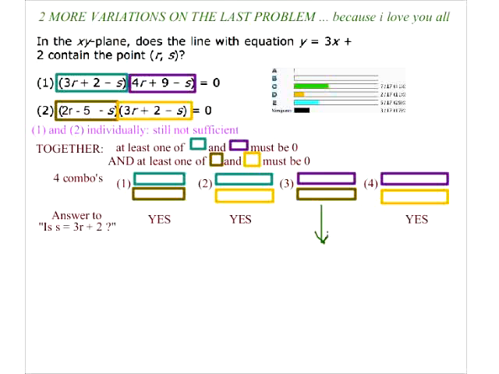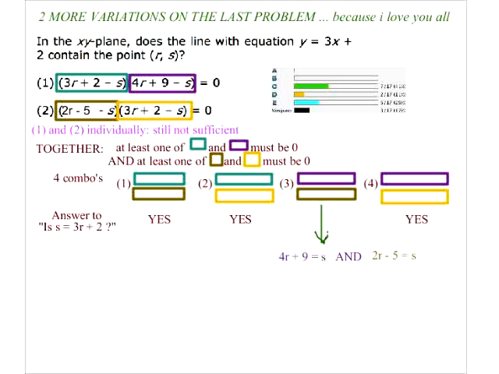This means that 4R plus 9 is S, and it means that 2R minus 5 is S. That's a system that we can solve, and we actually have to solve it because we don't know how this is going to work out.